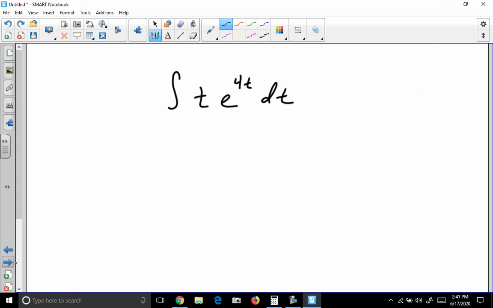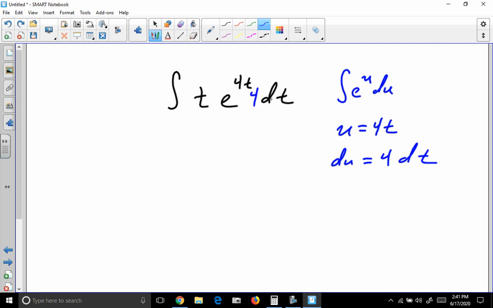All right, so let's look at another example. Let's take a look at this one. Directly, we can't just make a substitution to integrate this. This is not just going to work as e to the u du, because if u is 4t, du would need to be just 4 dt.